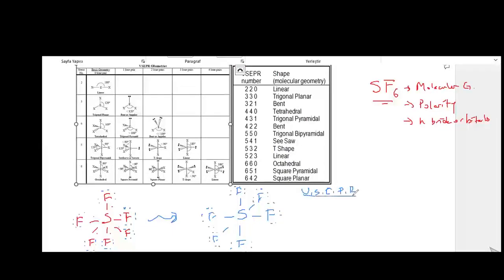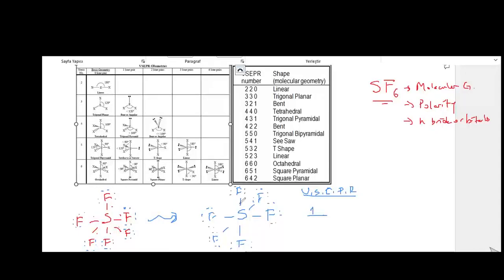So let's find the VSEPR numbers. As you remember, there are three different codes. First of all, you need the total electron domains. If you look at the sulfur atom in the center, there are six domains. What I mean, as you remember the rule, the center atom in that molecule has single bonds.